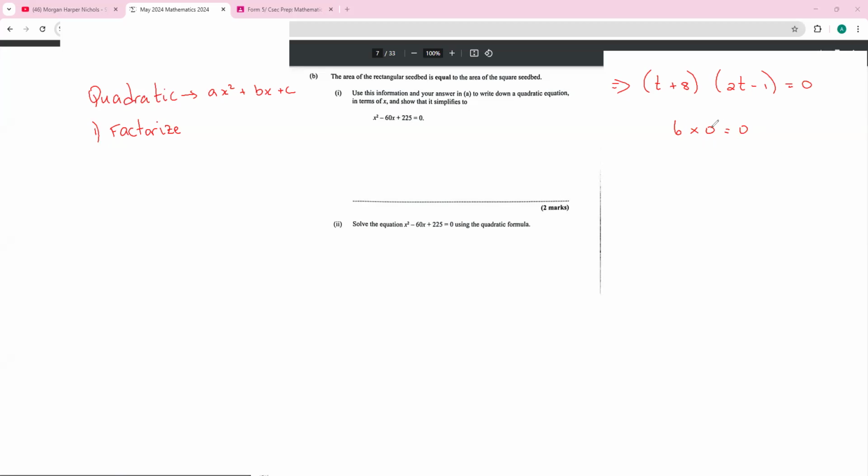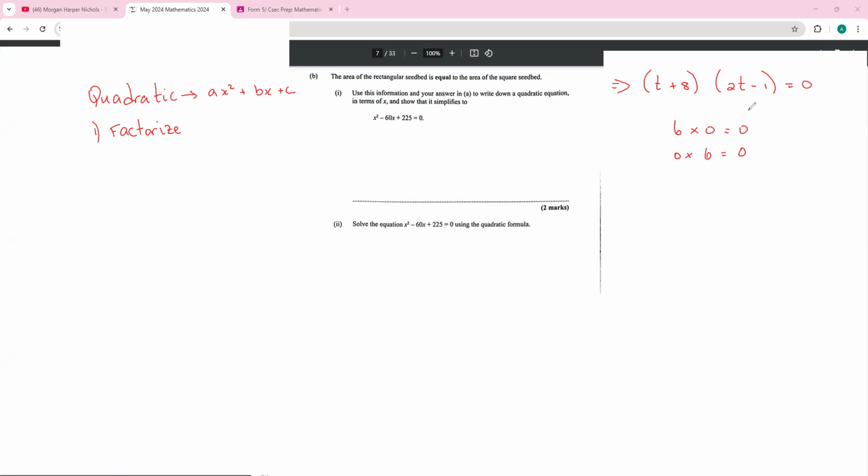So let's say the first number was 0. If I multiply by another number, it will be 0. If my second number was 0, when I multiply by my first number, I get 0. So anything multiplied by 0 is 0.